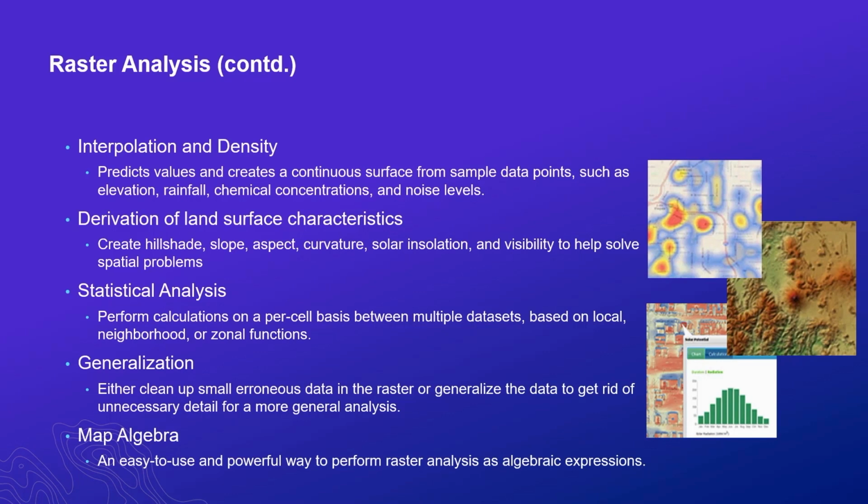Generalization is the general term for some of those tools, where it takes your data and gets rid of unnecessary information, or corrects your data so that your analysis result is better, right? And map algebra is a way of performing this analysis, and you can string all your tools or functions and operators together to perform a very powerful analysis.